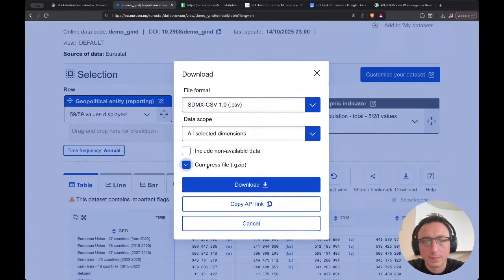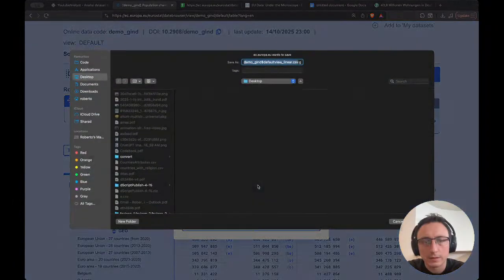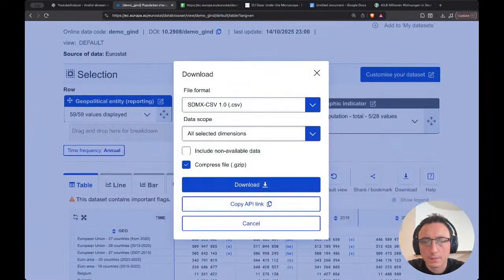CSV. Yeah, let's compress the file. Let me do something really quickly.